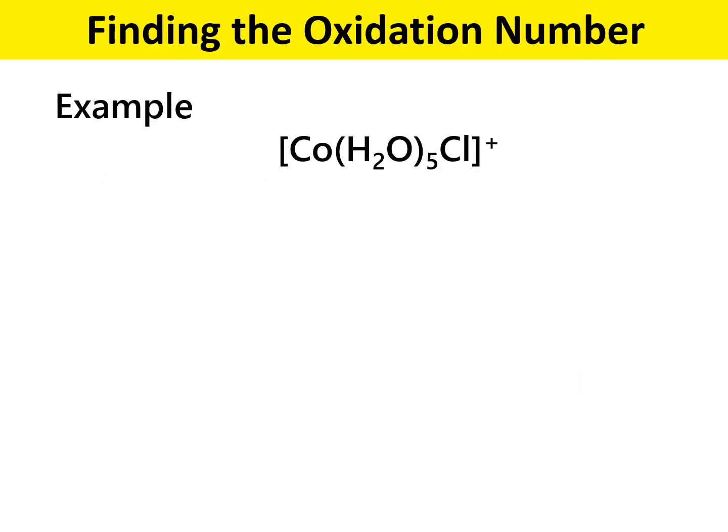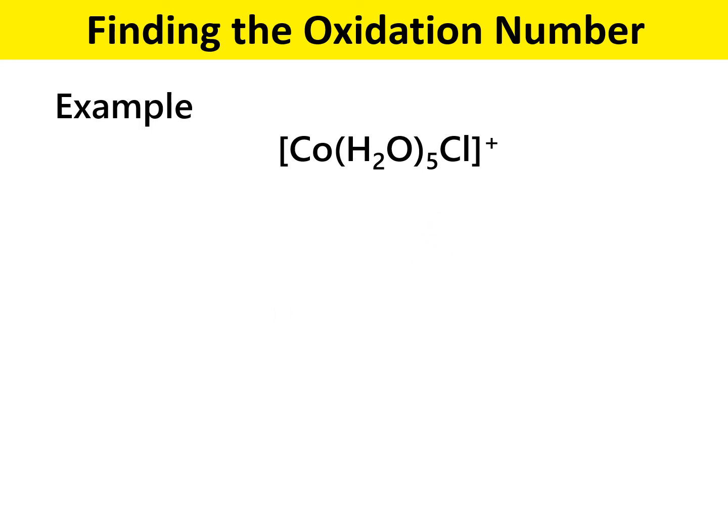If we have a transition metal complex, we can find the oxidation number of the transition metal from the complex. So if we have a look at this complex, we have 5 neutral water molecules and 1 chloride ligand, which has a charge of -1.